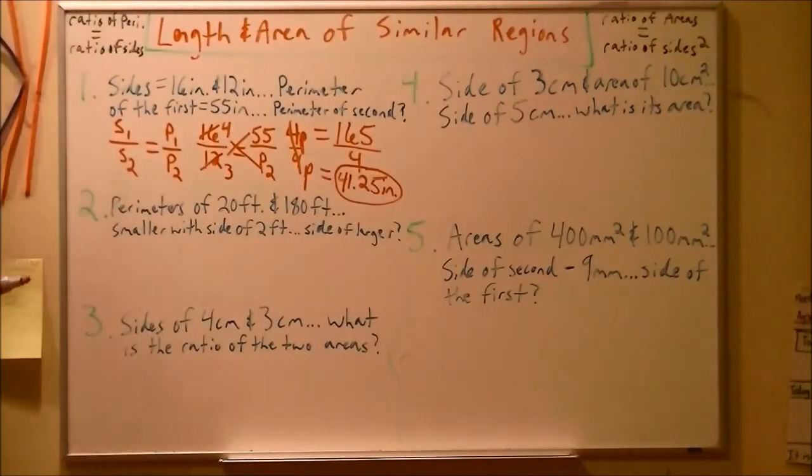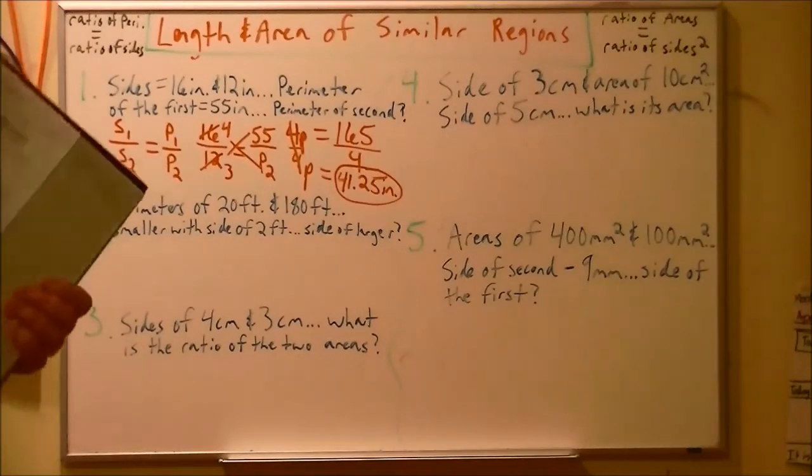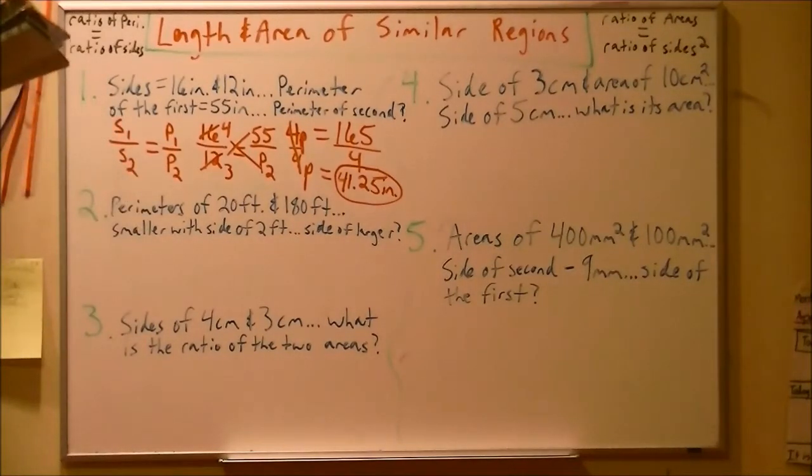Number 2, if I have, on this one, let me read to you because we have different shapes for each one. Number 2, if I have the perimeters of 2 similar hexagons. How many sides do hexagons have? Hex, similar to the number 6, because there are 6 sides in a hexagon. So the perimeters of 2 similar hexagons are 20 feet and 180 feet.